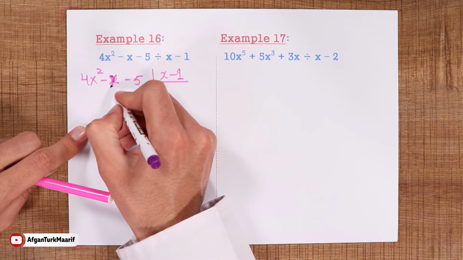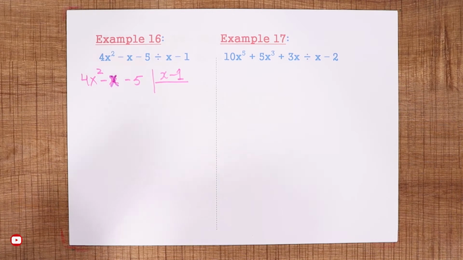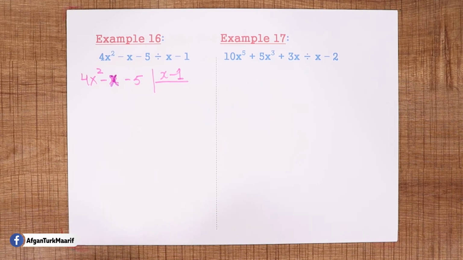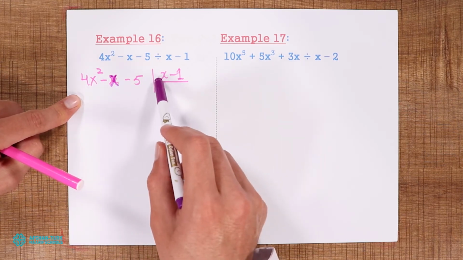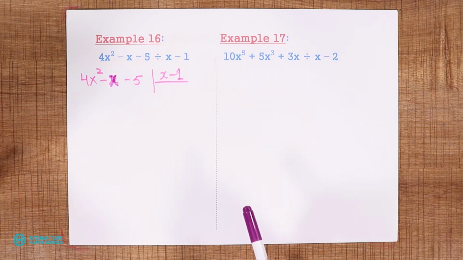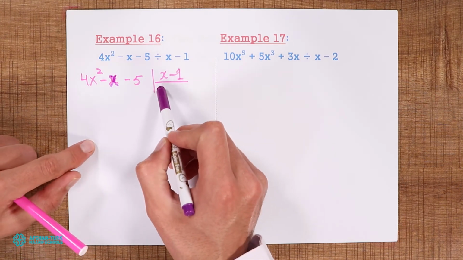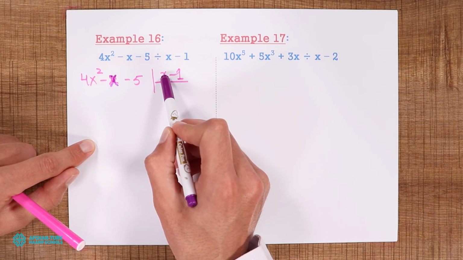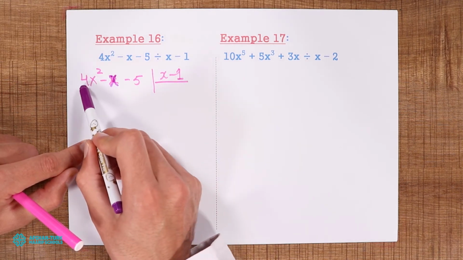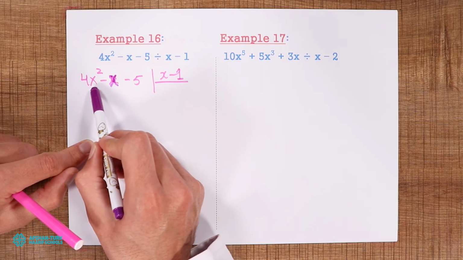You can see it is in standard form, and this is also written in standard form. So you must find a term to multiply with x, the first term of the divisor, to get exactly the first term of the dividend.